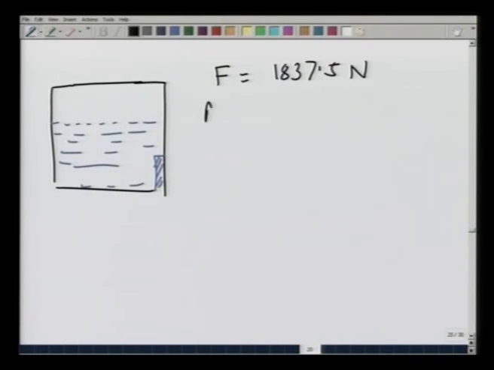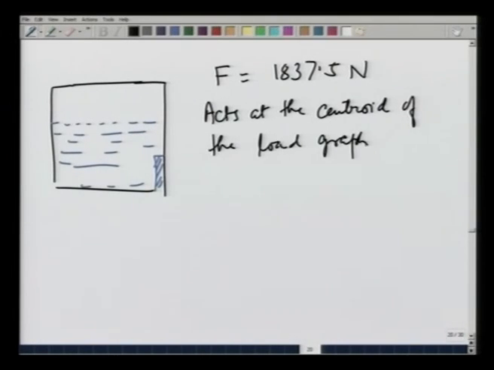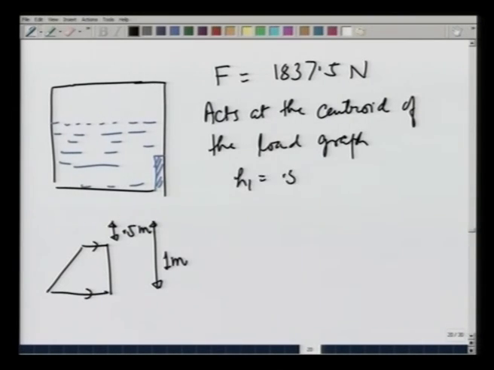It acts at the centroid of the load graph, which in this case happens to be a trapezoid. This distance is 0.5 meters, the depth of the other side is 1 meter, and therefore, I am given that H1 is equal to 0.5, H2 is equal to 1.